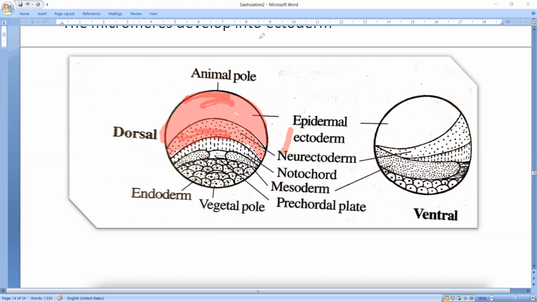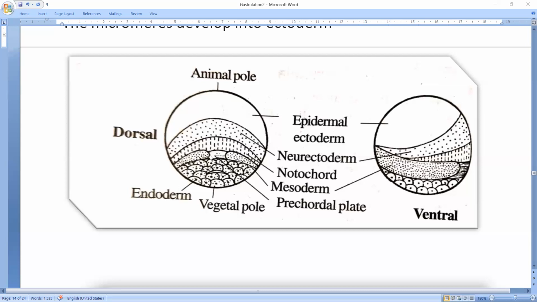Okay, so now remember the macromeres will become the endoderm. Above the endoderm, the notochord and the precaudal plate are found, which are actually part of the mesoderm. And to either side of the precaudal plate, the mesoderm is present in the form of two bands.